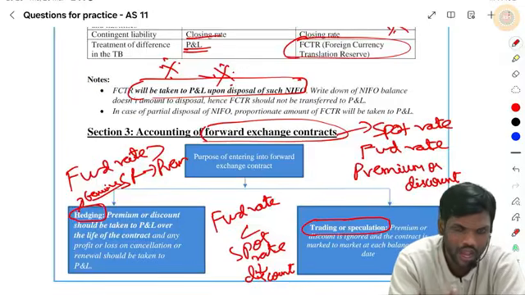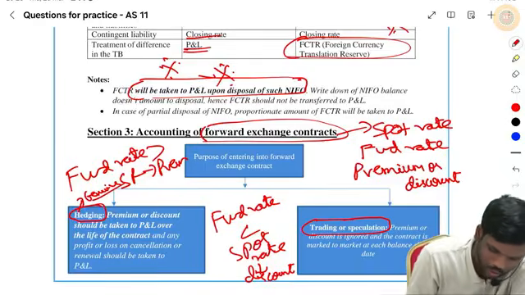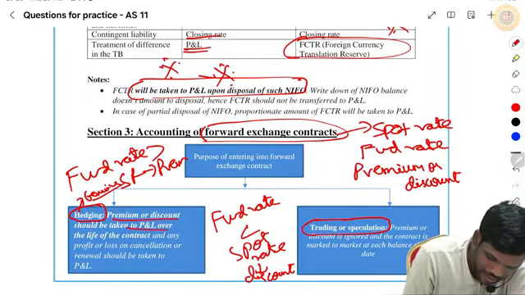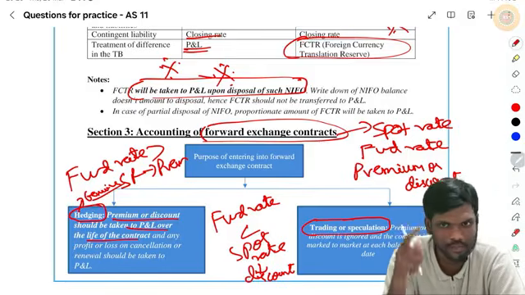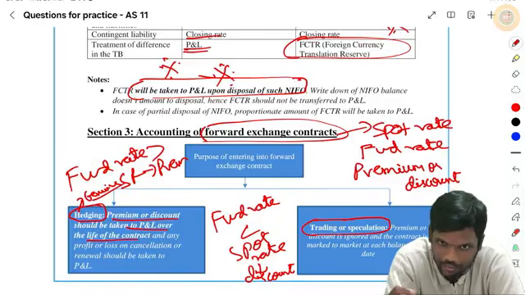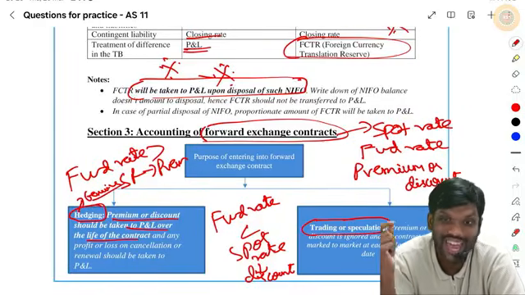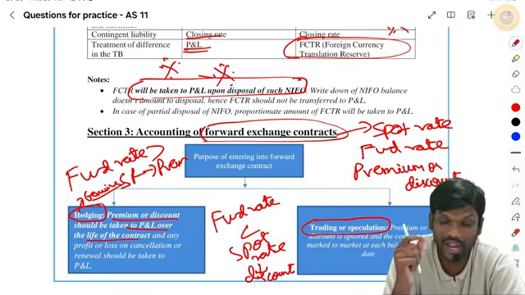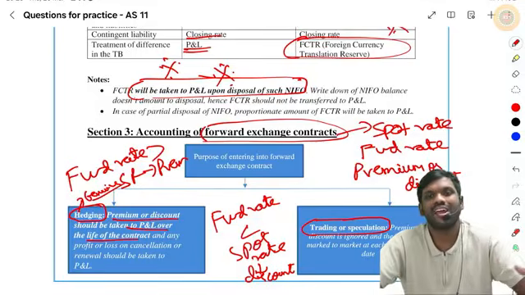If you are a hedger entering into a forward contract for the purpose of hedging, then whatever premium or discount is there should be taken to P&L over the life of the contract. We will also see an example, so you will understand with numbers. Keep it in mind for now.